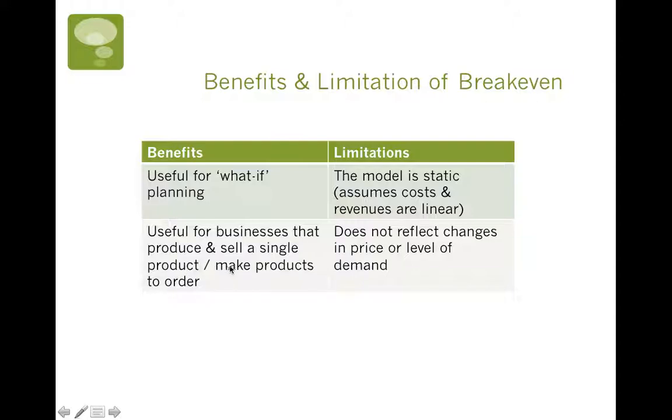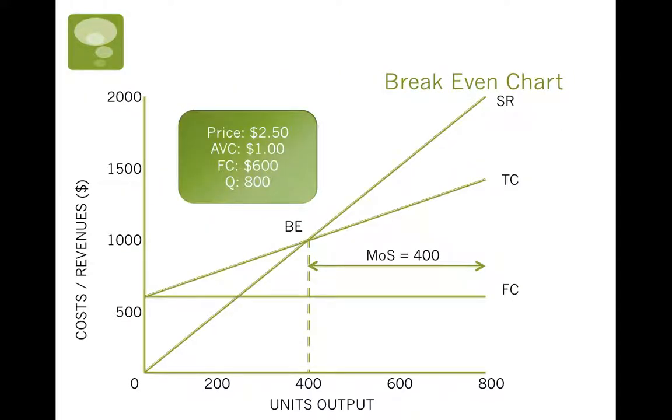It's also more accurate for businesses that make products to order, because what we're saying about this output, if we go back to our graph, these units of output, these 800 units of output, we've made 800 units, but have we sold those 800 units? Because we're presuming that our sales revenue is the same as our output. But what if we've made these and they're sat on the shelf waiting to be sold?